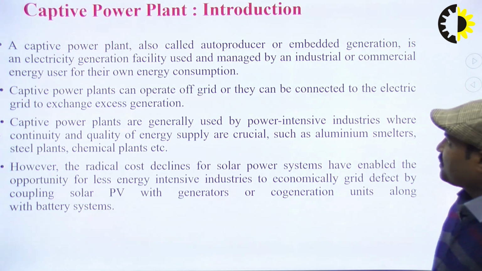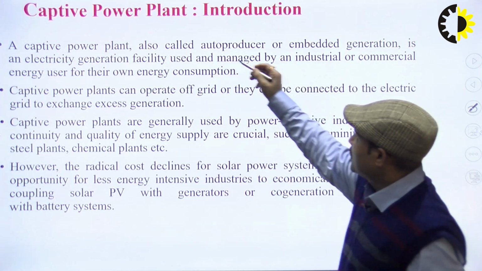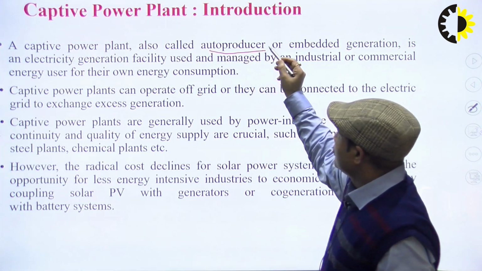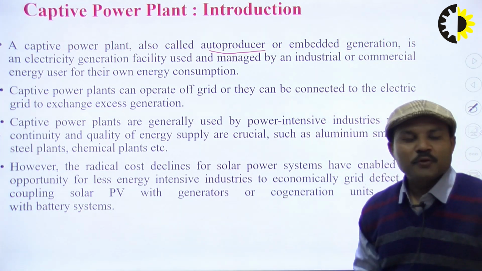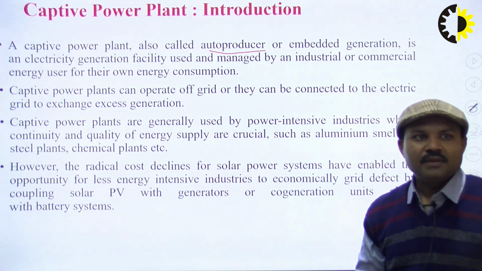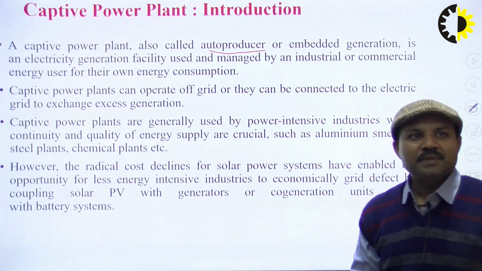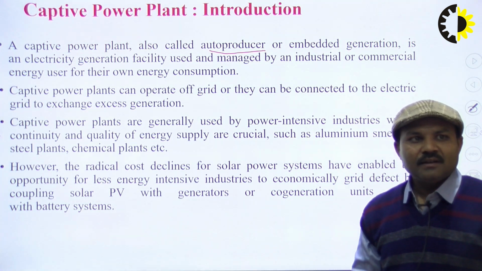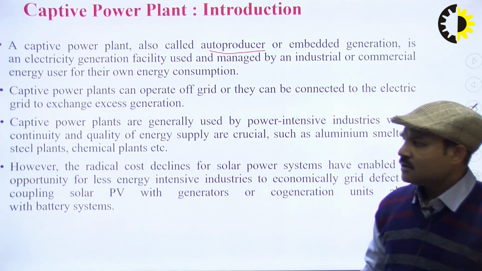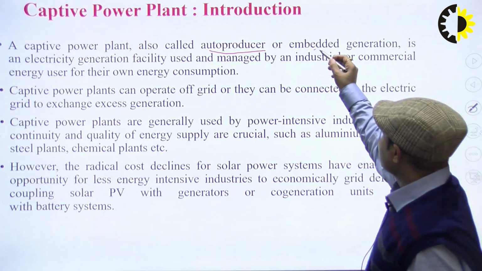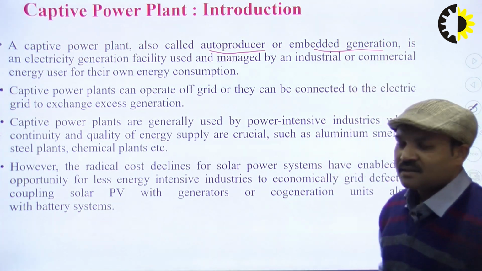A captive power plant is also known as an auto producer. Auto producer means they are producing for themselves, they are producing at the site of the industry, and utilizing it at the same place only. It is also known as embedded generation. Why is it known as embedded generation?